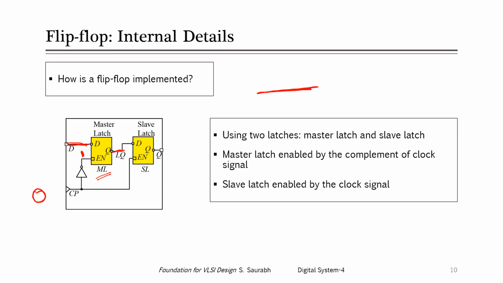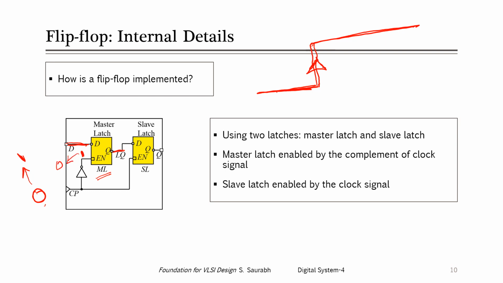Now suppose the clock signal goes from 0 to 1. When the clock signal goes from 0 to 1, two things happen. What are these two things? First thing is that this signal goes from 0 to 1, so the output of this inverter goes from 1 to 0.